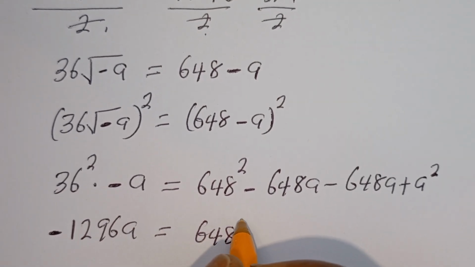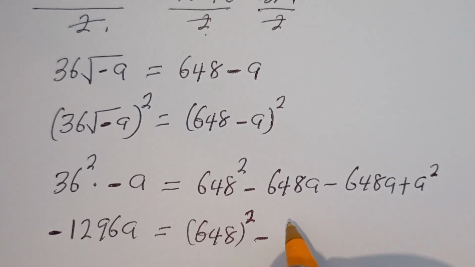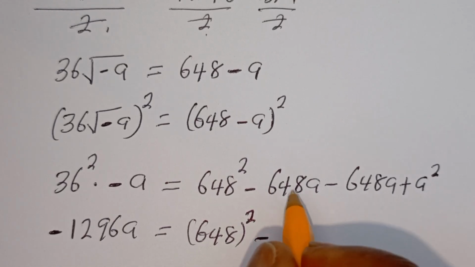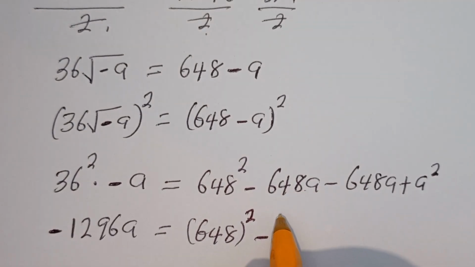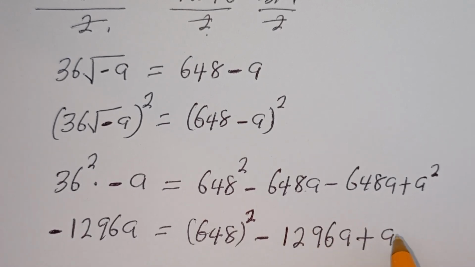648 all squared minus, here if you add this and this together, we have 1296a plus a squared.